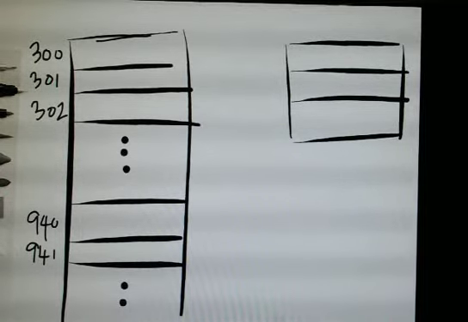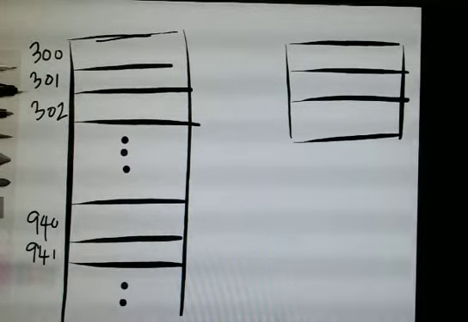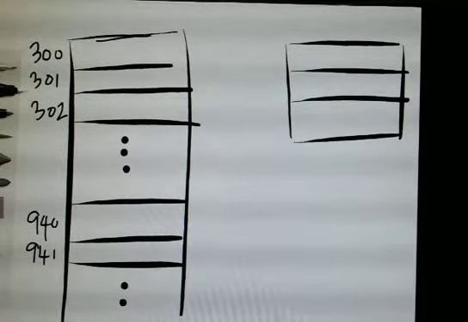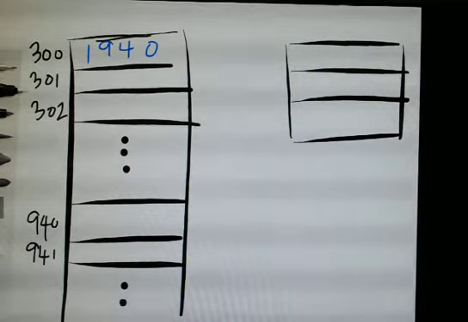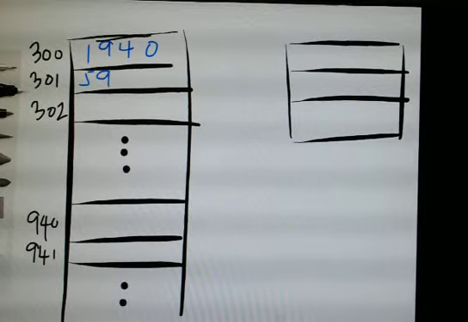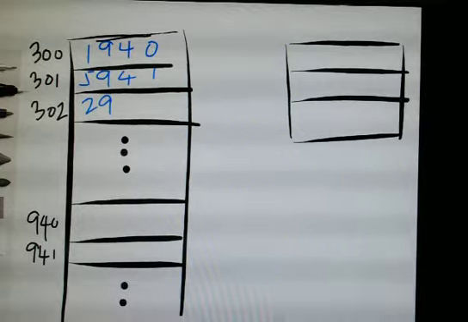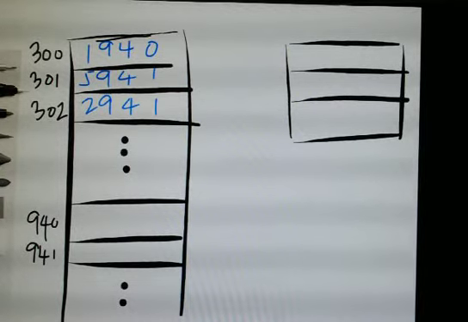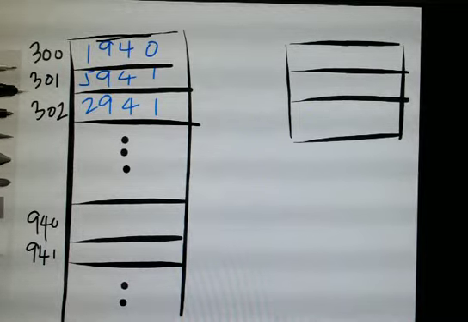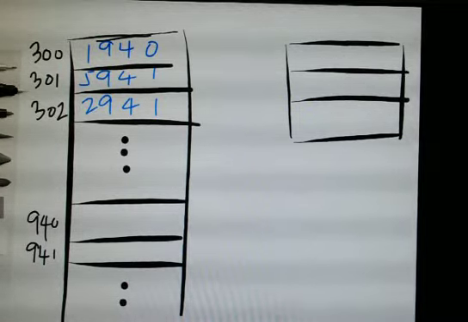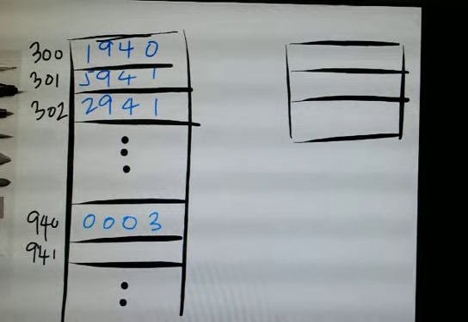And the content of the memory is: the first one is 1940, the second one is 5941, the third one is 2941. That is the instruction section. At the bottom we have the data section, the integer section, and we have 2 integers which are 3 and 2.